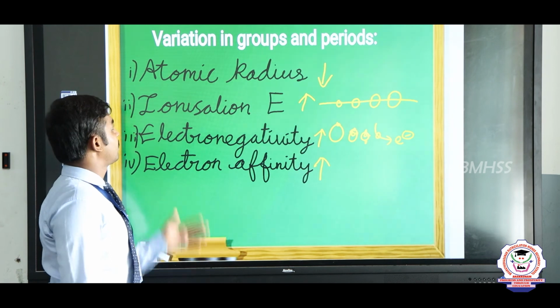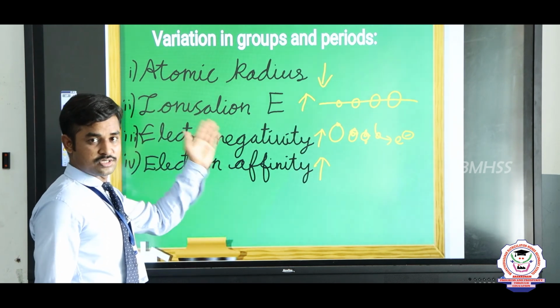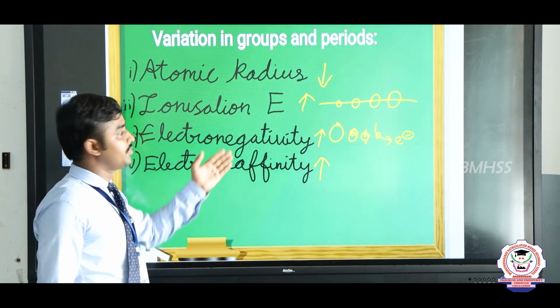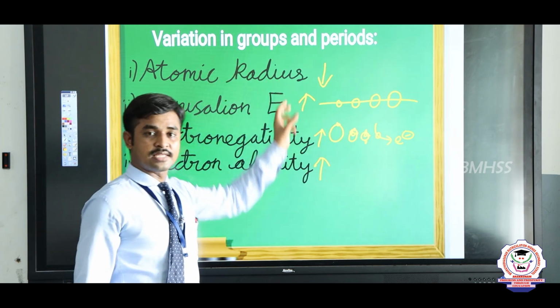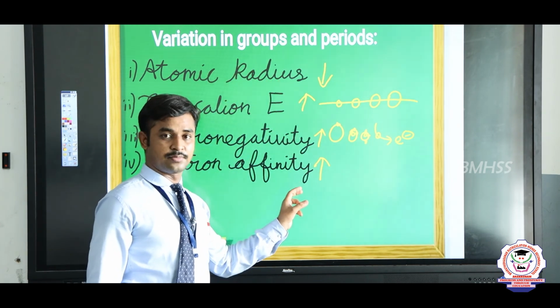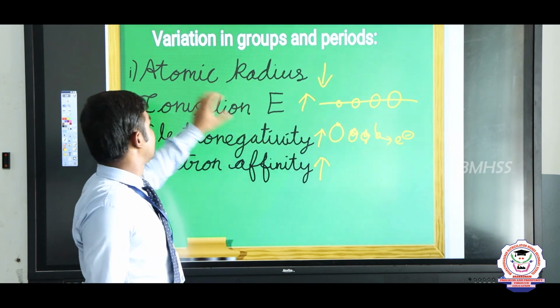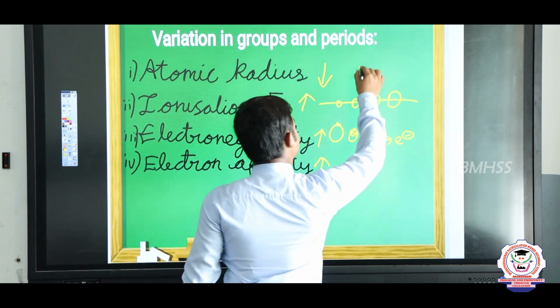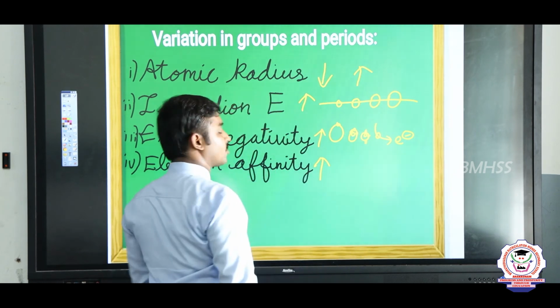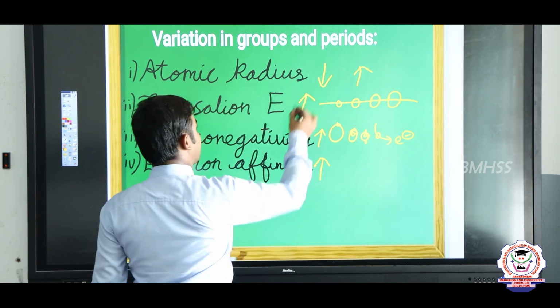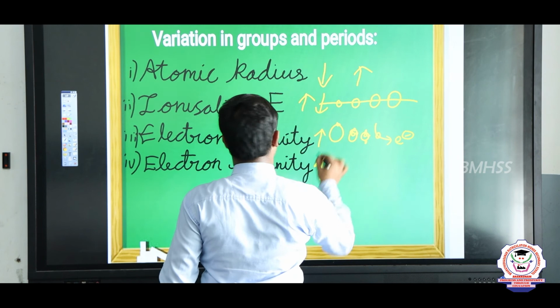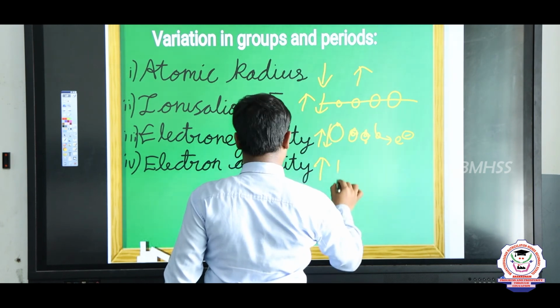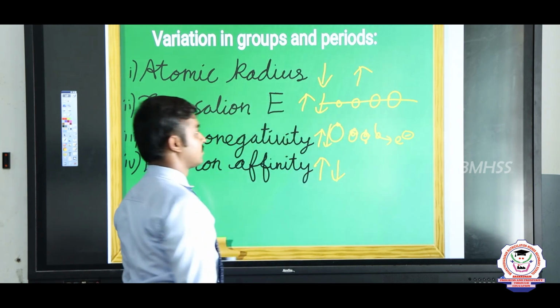And what about the rows and columns? The columns are the groups in the periodic table, and in the groups the atomic radius increases, ionization energy decreases, electronegativity decreases and electron affinity decreases.